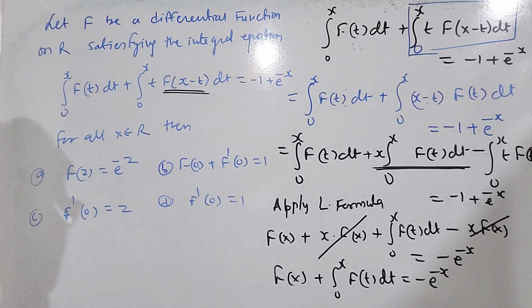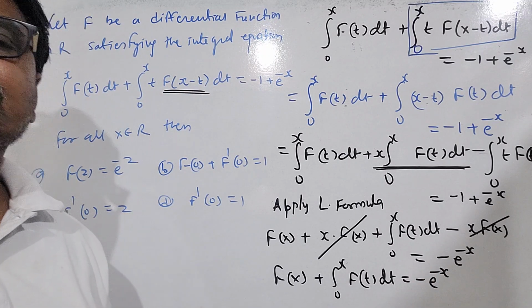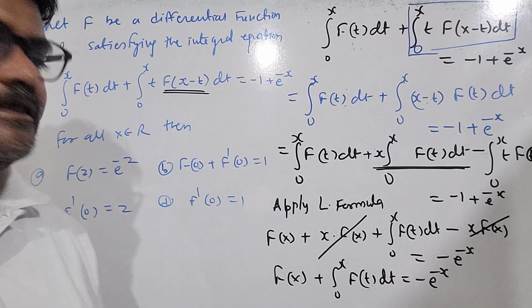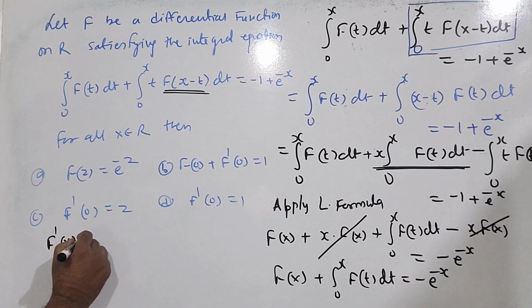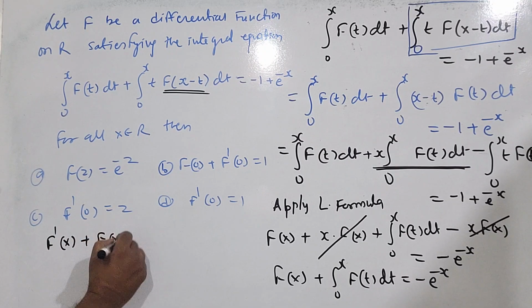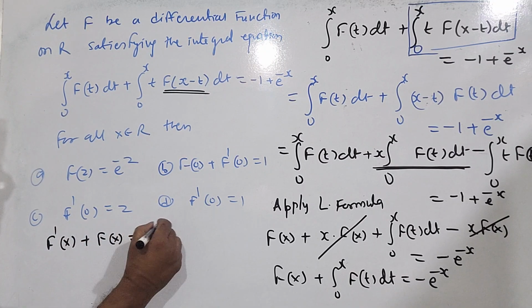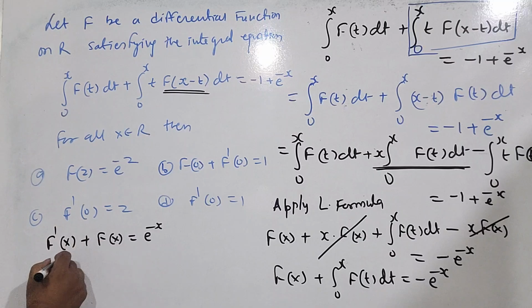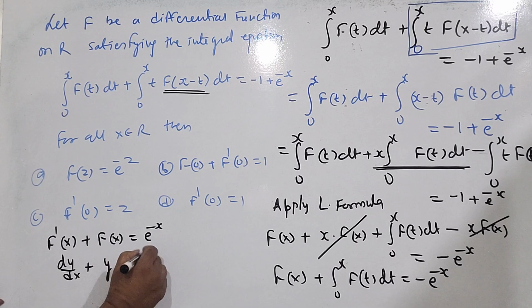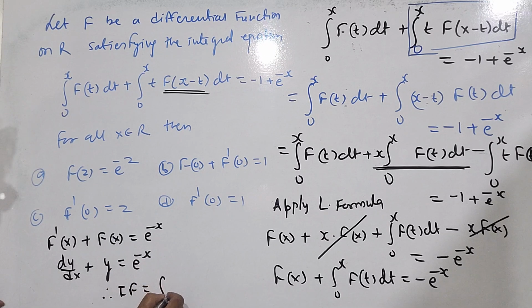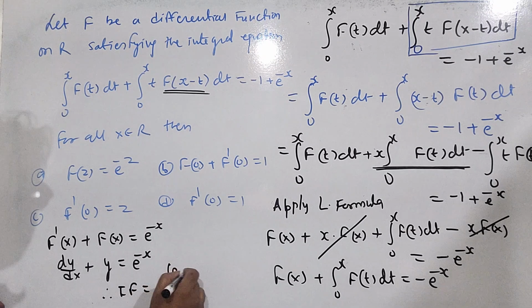Now again we have to differentiate. So differentiation gives f dash x plus f(x), that is equal to e to the power minus x. Now it is your linear differential equation. So therefore the integrating factor is e to the power integral of p dx.